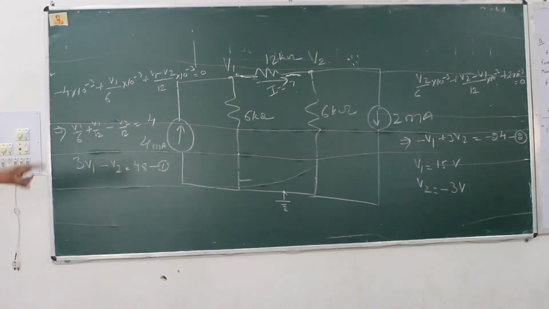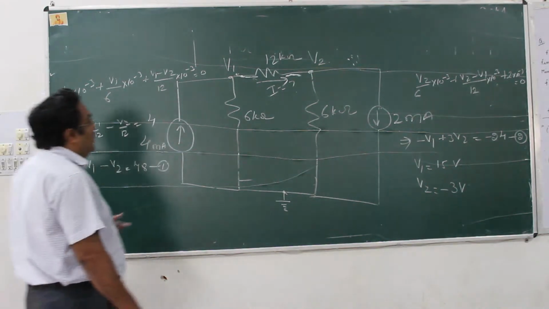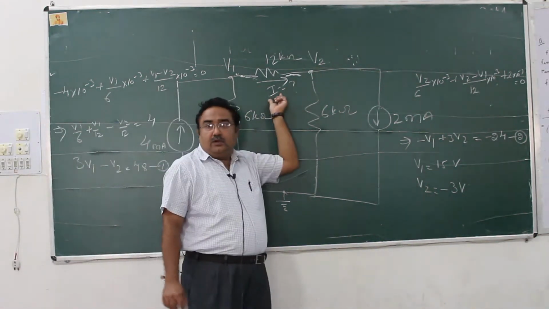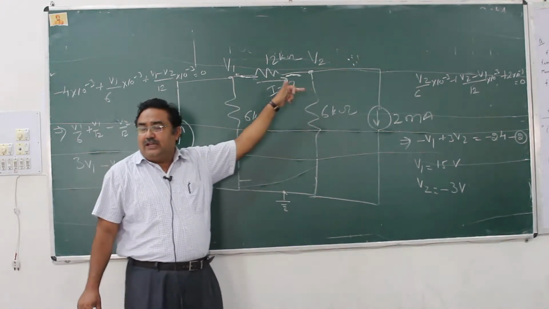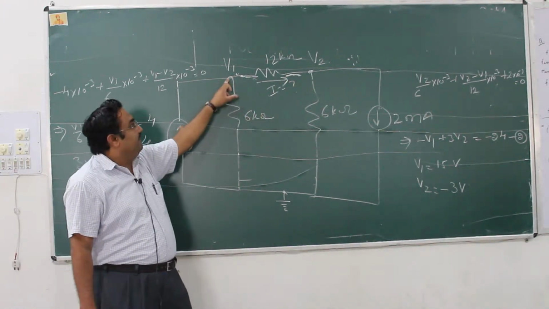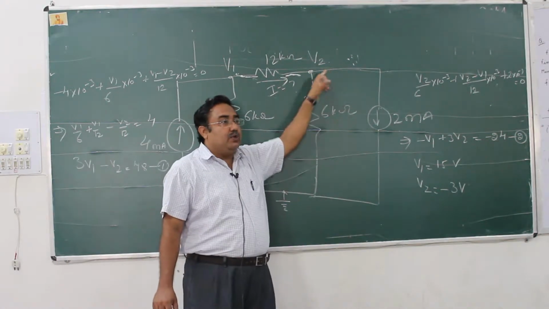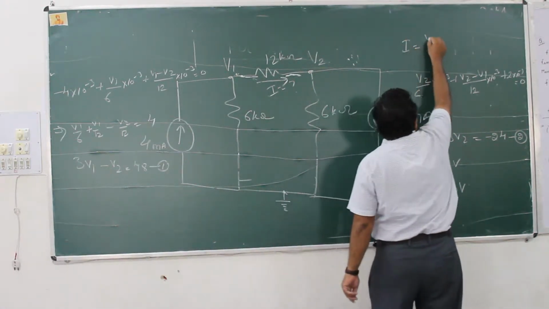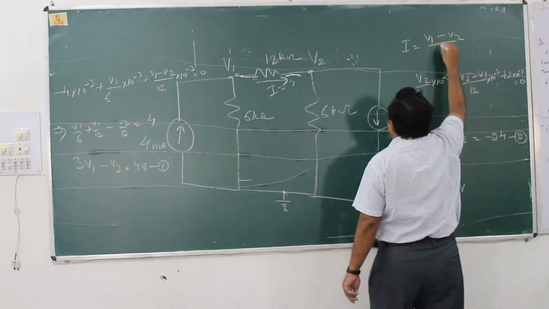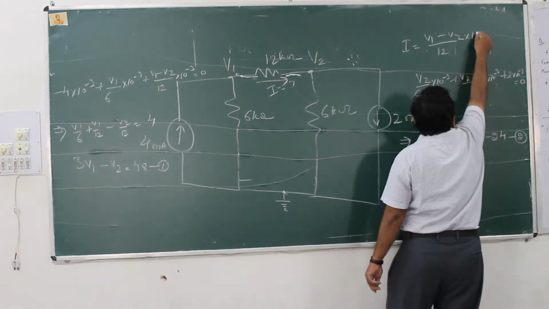Now please concentrate. We have got these 2 voltages. Everybody has got this? Okay. Now I have to find out this current. The direction of this current is such that, as my question states, V1 is higher than V2. So how much current will be there? V1 minus V2 upon 12 into 10 raised to the power minus 3.